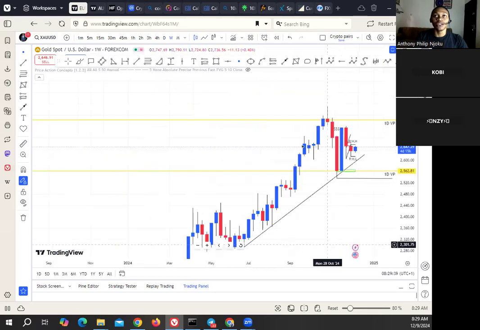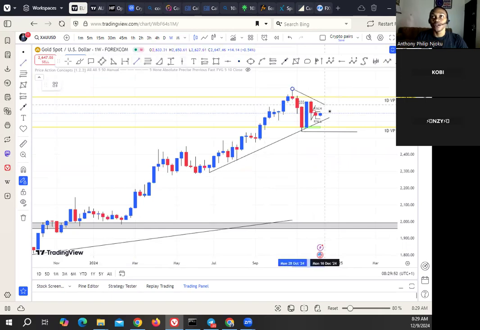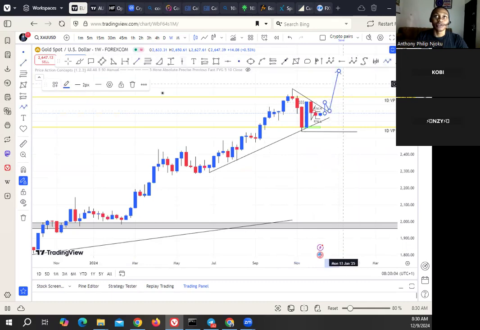We also meant to look for chart patterns on the weekly time frame, but there is no clear chart pattern here that I'm seeing right now, except for this ascending wedge, and it requires patience. The ascending wedge plays out when you break the wedge to the top, then continue pushing up. So that's the principle behind trading an ascending wedge.